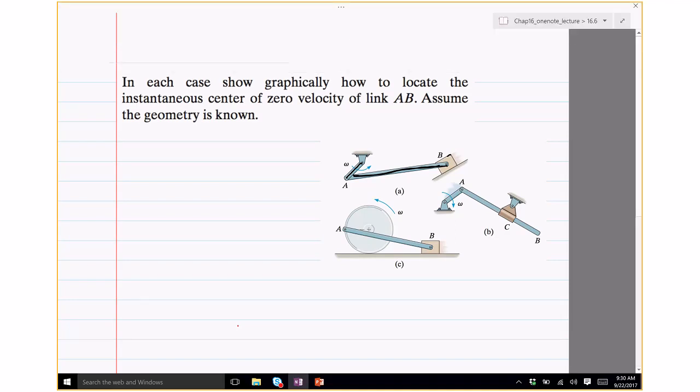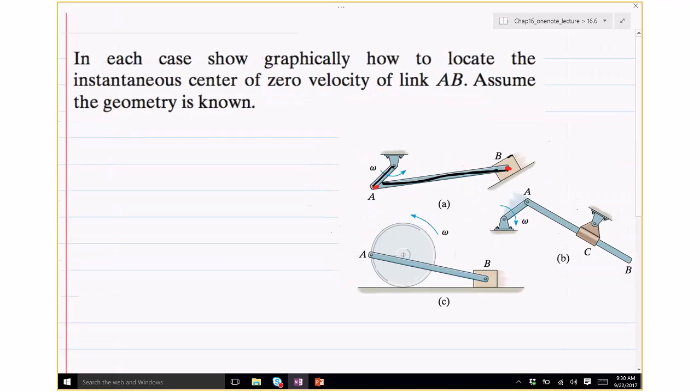Okay. In order to find the IC of any link, you've got to find the velocity of 2 points. So clearly those 2 points are this and this. So what's the direction of velocity of A? To the right.